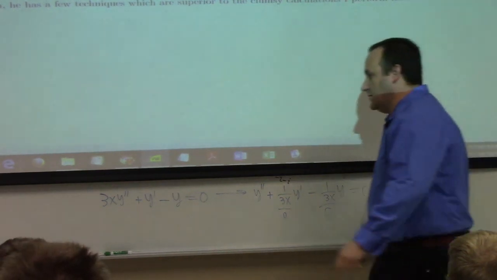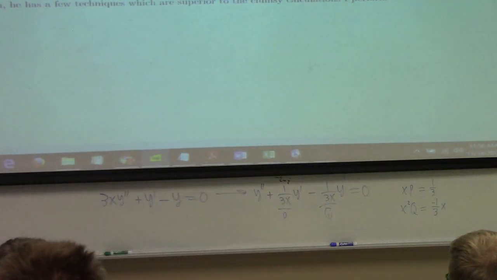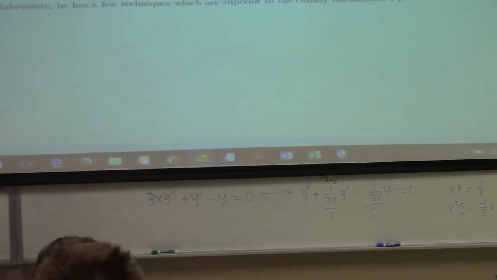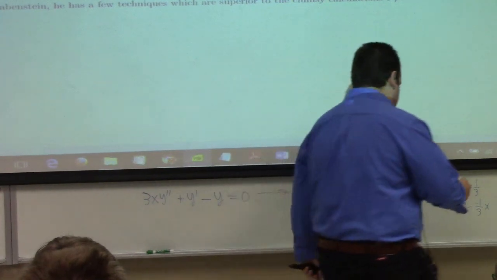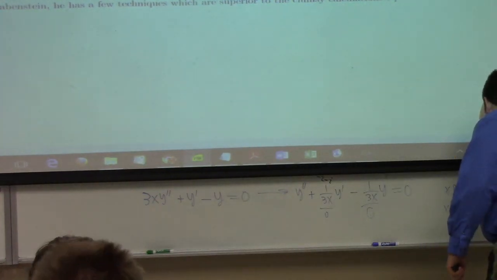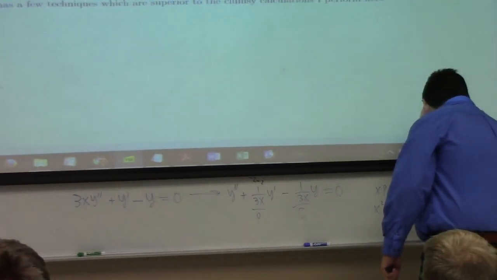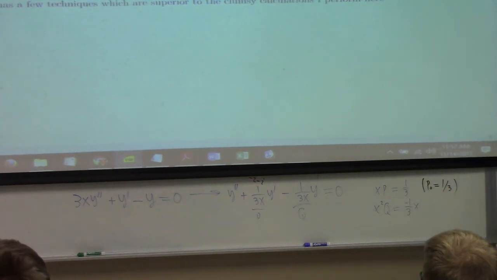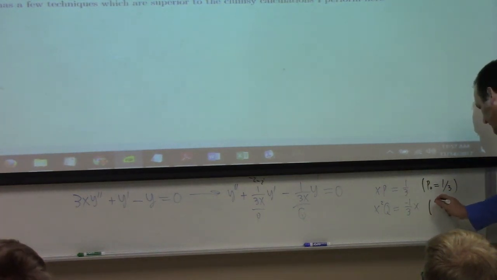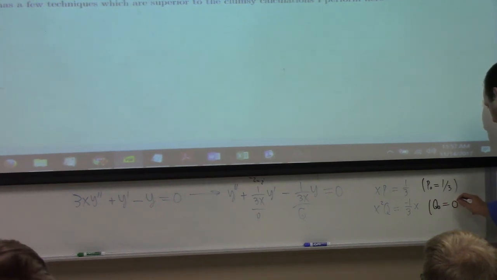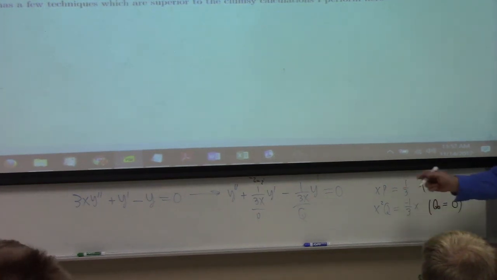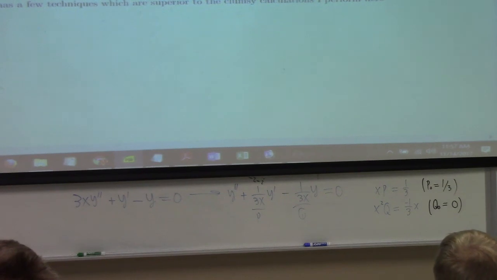So this means that p naught is actually equal to 1/3. And this actually means that q naught is equal to 0. There is no constant term in the power series for minus 1/3 x.